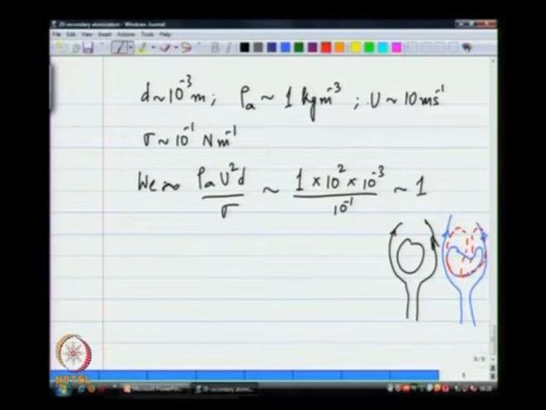But the calculation that we just did shows that the value of Weber number being order of magnitude 1 means this aerodynamic force that is trying to deform the drop and the surface tension force which is trying to bring it into a sphere are very close to being of the same order of magnitude.